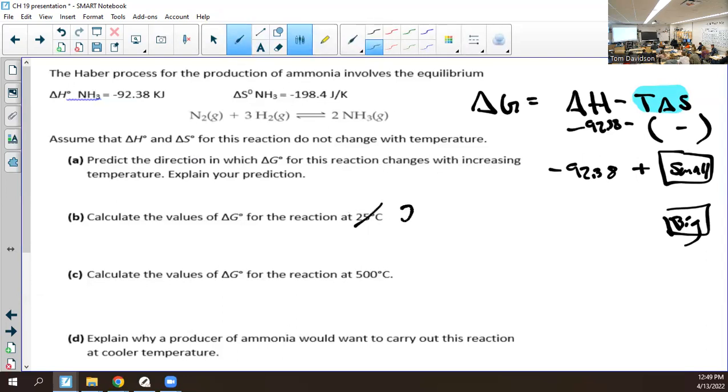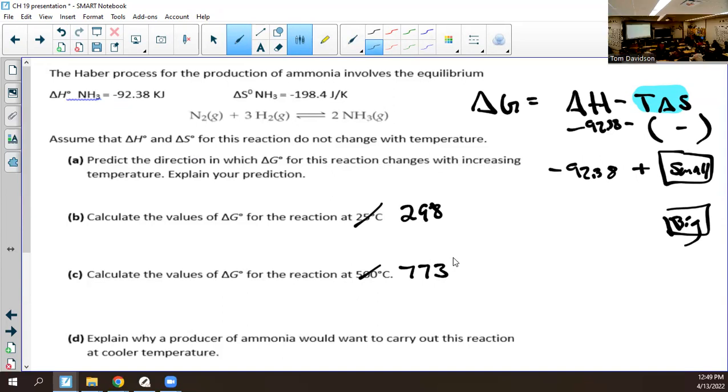It is 298 and 773. Now look, if you're Delaney and you're mad at yourself, it's okay. You can be mad that you forgot to do that, but if you did the process right, I'm okay with that. Just remember, you've got to put it in Kelvin because this unit is in Kelvin.